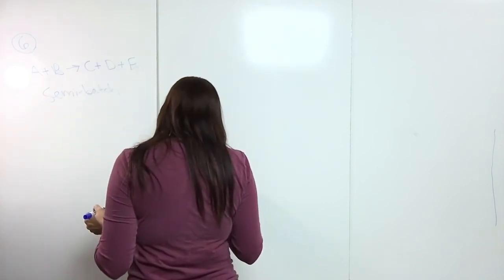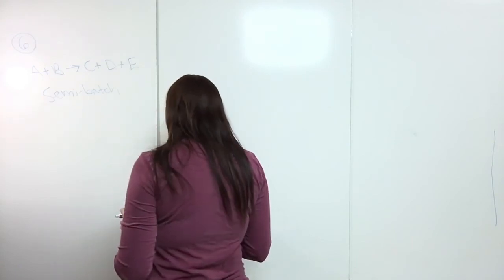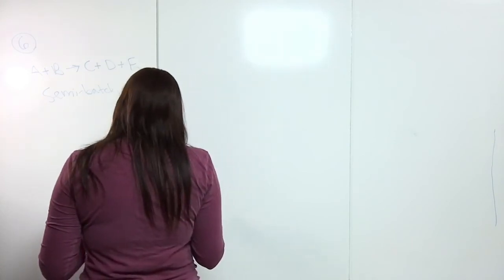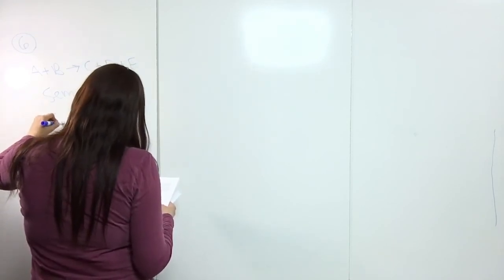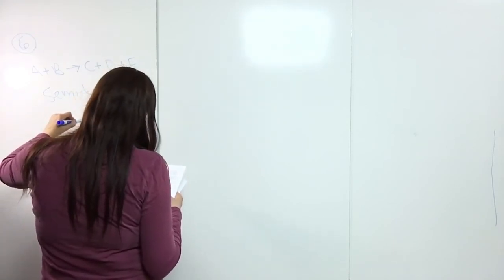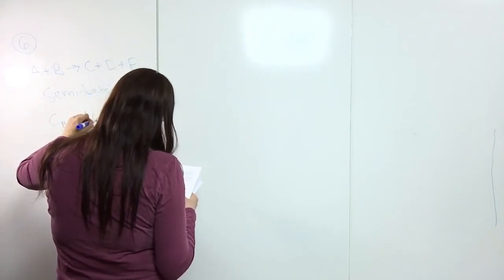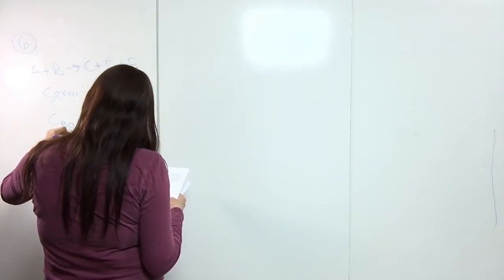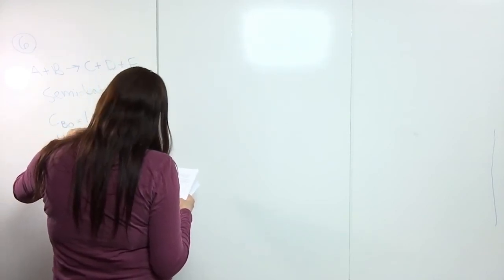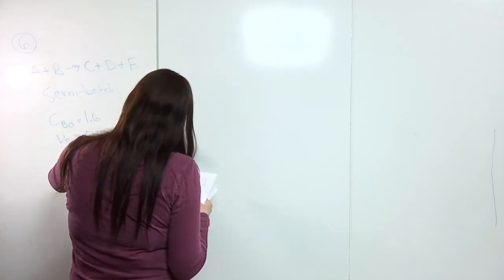A solution containing 1.6 molar concentration of B is fed, so C B naught is equal to 1.6, is fed at a rate, so V naught of 0.12 moles per minute.